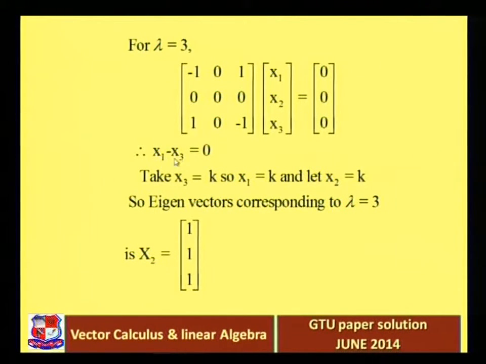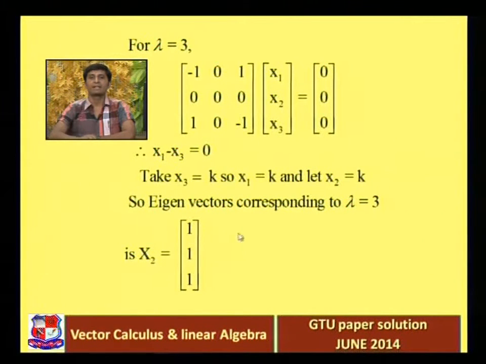So finally we get x1 minus x3 is equal to 0. So take x3 is equal to k. So x1 is equal to k, and let x2 also be k. So our eigenvector corresponding to lambda is equal to 3 is 1, 1, 1.